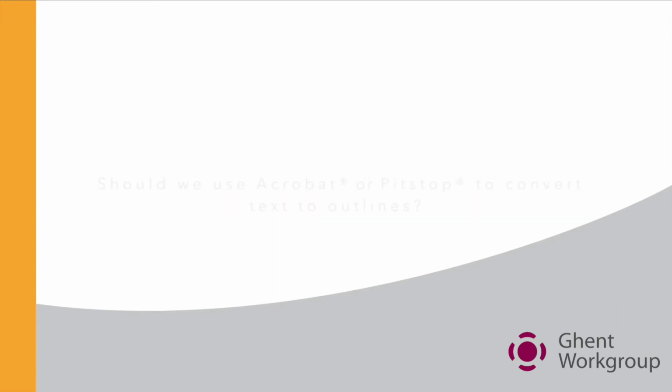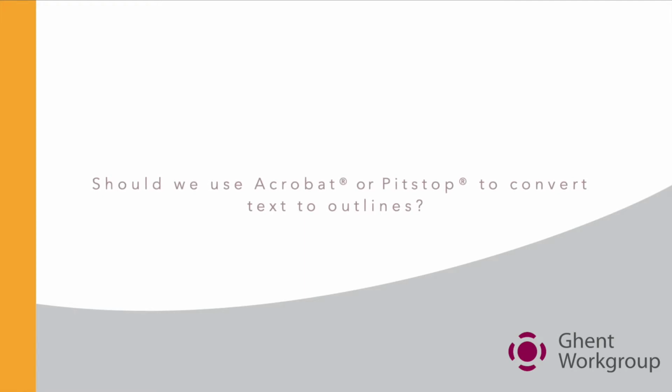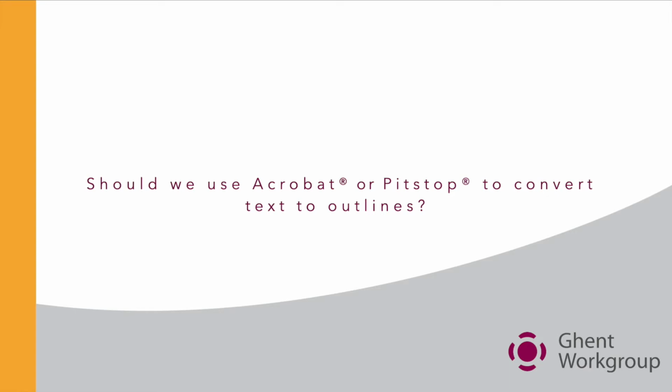What about converting text to curves within Acrobat? I think we already answered that, but just to make sure: should you use Acrobat or PitStop to do the conversion to outlines, and is that going to make a difference? Well, first of all, as long as you don't use the transparency flattener, we will already be a bit happier.